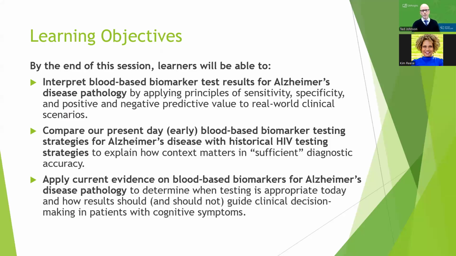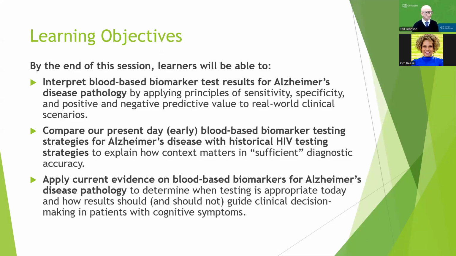All right, so here are some learning objectives for today. We are going to learn how to interpret blood-based biomarkers for Alzheimer's disease pathology and apply principles of sensitivity and specificity, positive and negative predictive values to some real-world clinical scenarios.